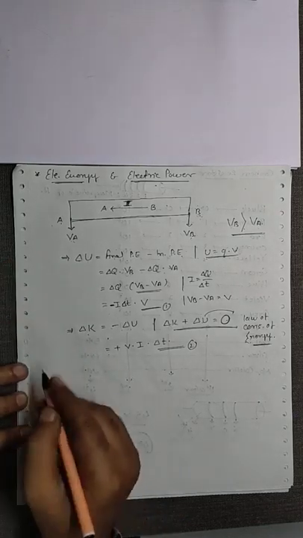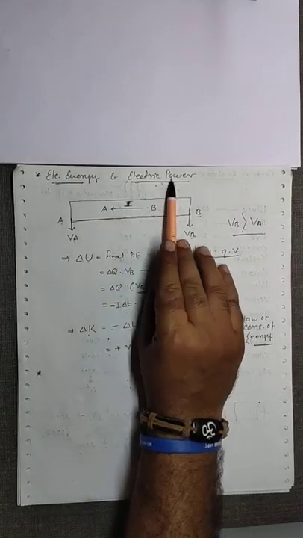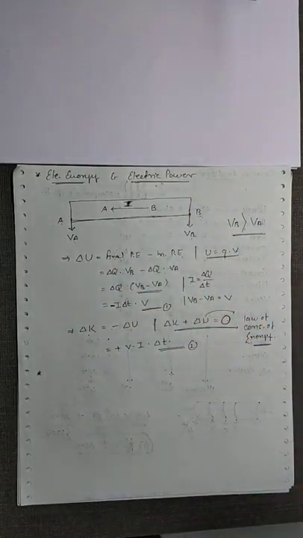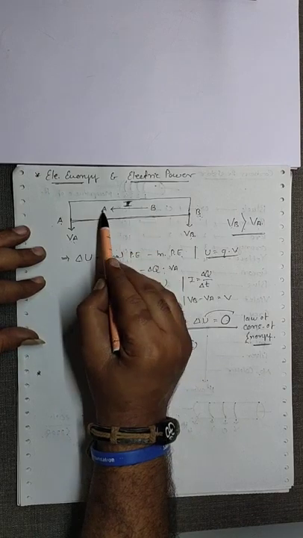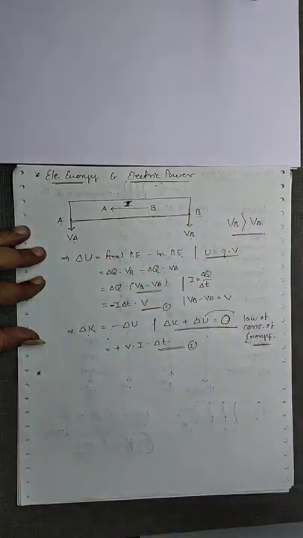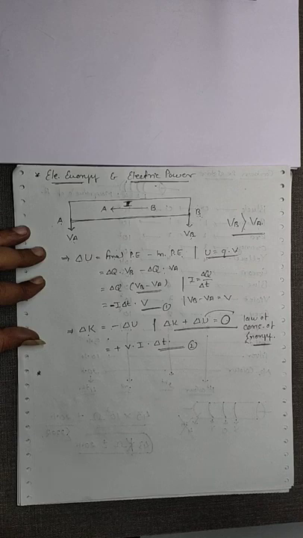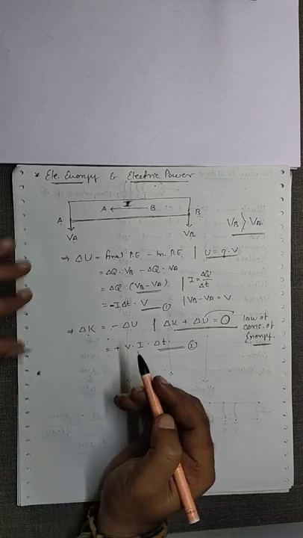Okay, now we will see about electric power. What is electric power? Electric power is nothing but loss of energy. From where did this loss come? Let us see. When the electric charges are moving from B to A, then electric charges gain energy, and due to this the kinetic energy increases.